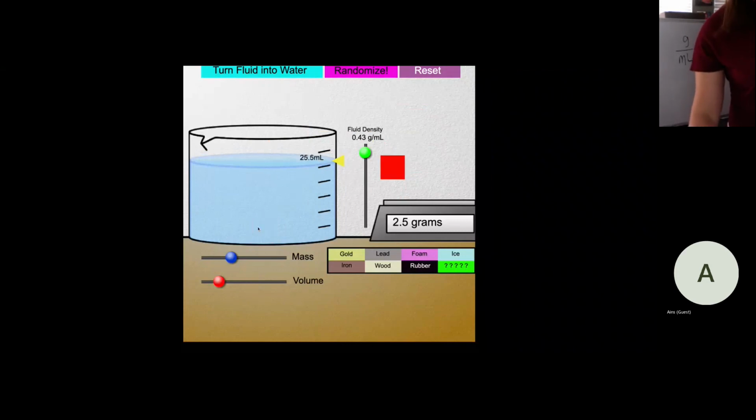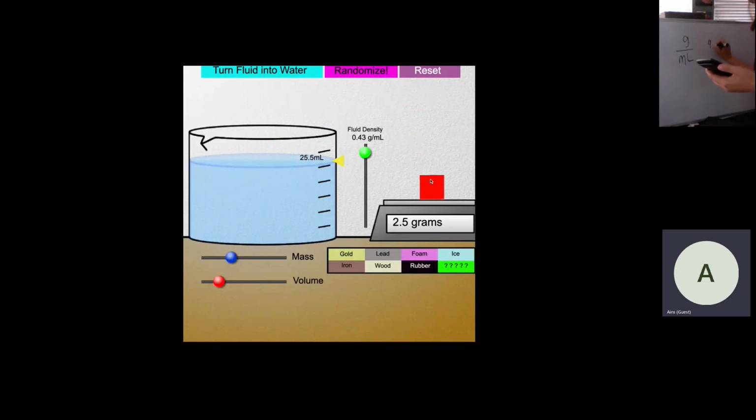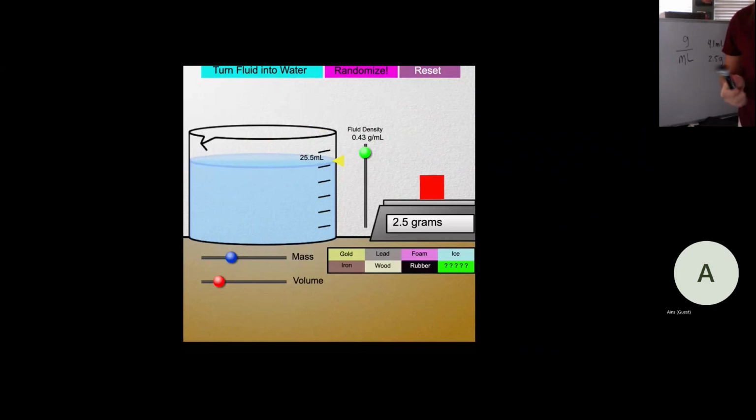My calculator was in radian mode. 25.5, I'm going to make that negative, plus 29.6. Yes, 4.1. So our object has a volume of 4.1 milliliters, and it had a mass of 2.5 grams. How can we use that to find out the density of my little red square?